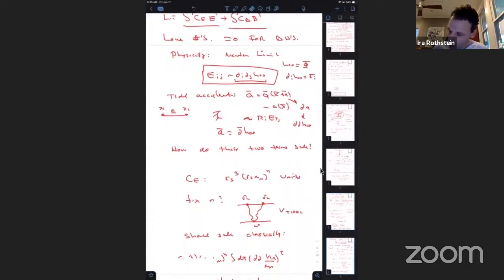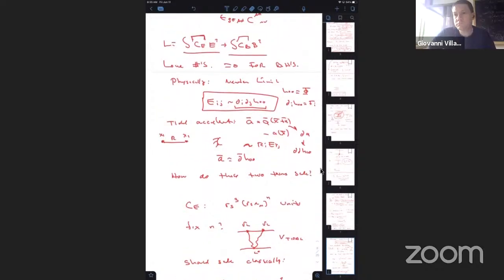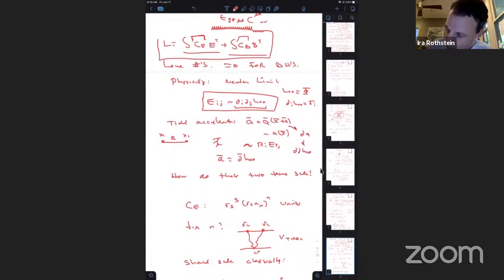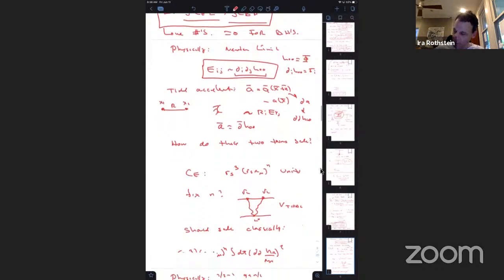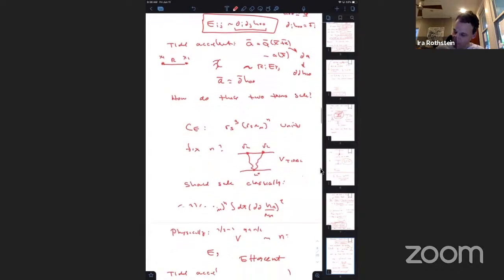Okay, so these are our leading order finite size effects. So how do they scale in the post-Newtonian expansion? Okay, so let's look at CE, for instance.